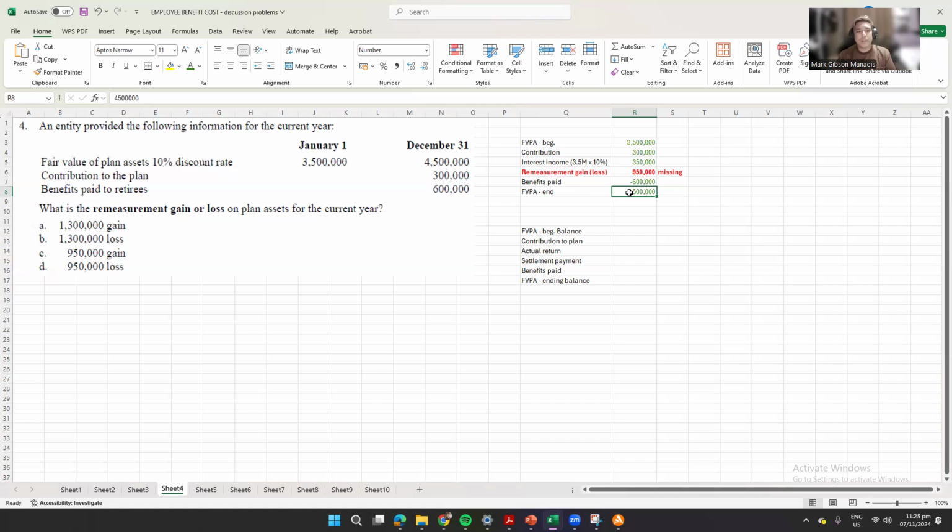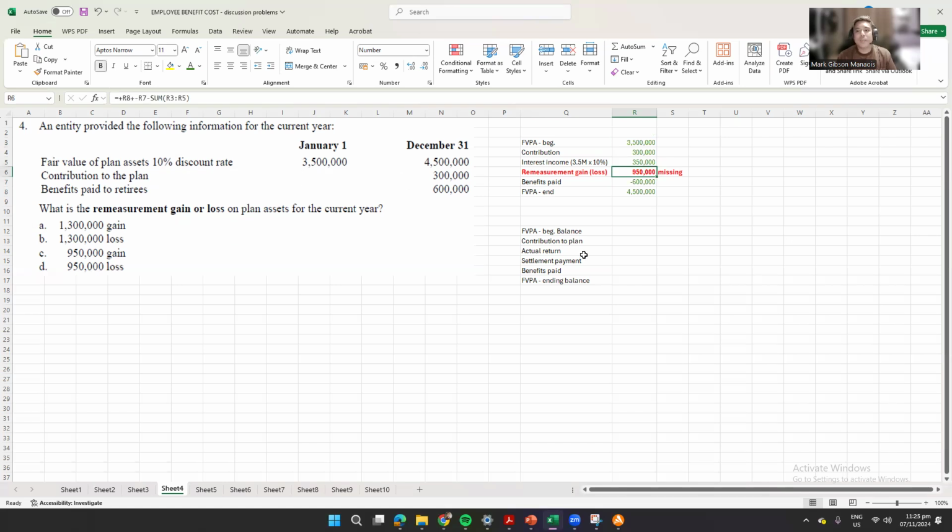Sabi natin class, di ba, if it's a gain, we're adding it. If it's a loss, we are reducing it, no? So paano ngayon ang gagawin natin? So we have to work back. So that's 4,500,000 plus 600,000 less 3,500,000 less 300,000 less 350,000.